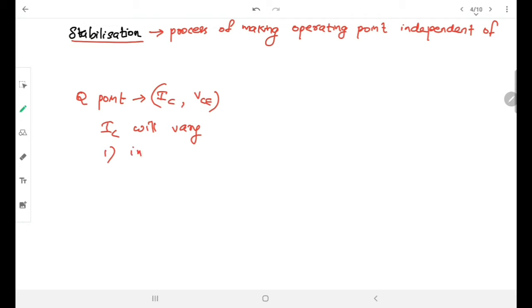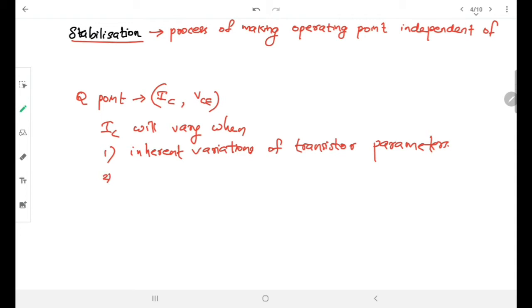First one, when inherent variations of transistor parameters occur. Second point is that IC will vary when the temperature changes. It is an important concept. IC will change when the temperature changes or when inherent variations of transistor parameters occur.